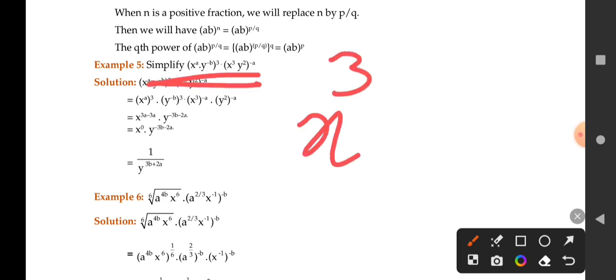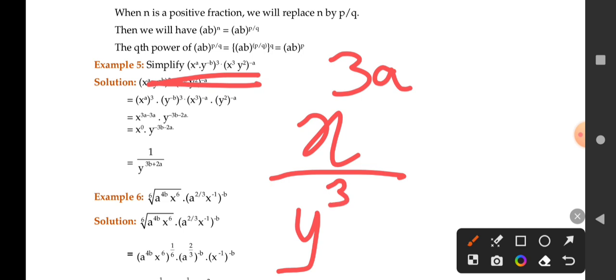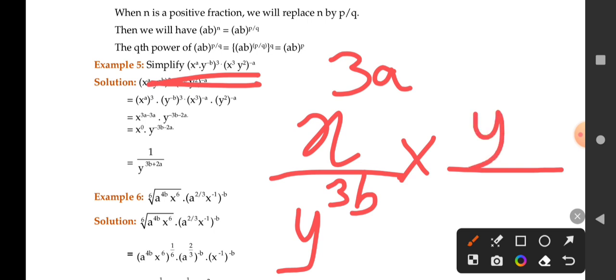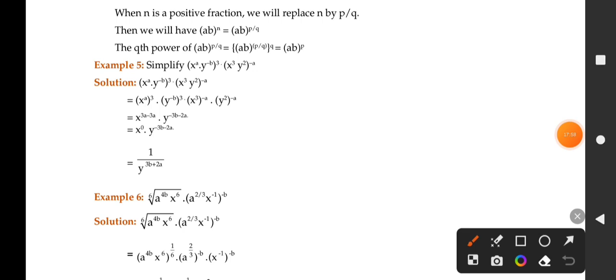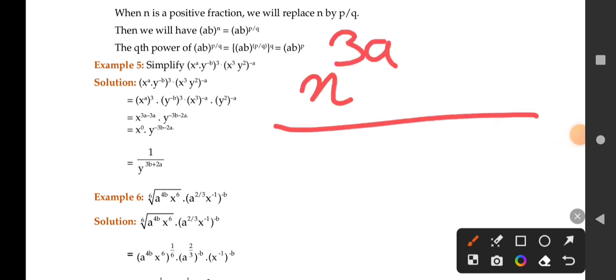So we have x power 3a divided by y power 3b into y power 2 minus 2a. Okay, so we are going to just directly divide it. Again, x power 3a, and everything is in the denominator.